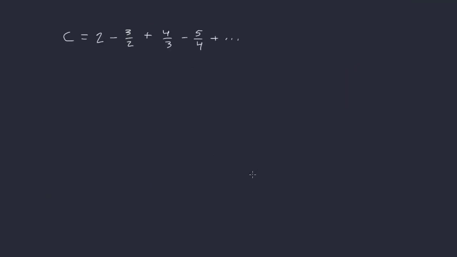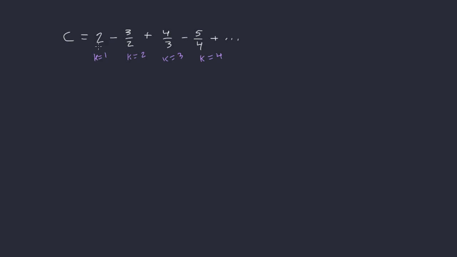Okay, let's look at another example. This one, unfortunately, the series is not given to us. So we need to find a way that we could construct it. So if I think of this being k equals 1, and this k equals 2, and then this k equals 3, and then this k equals 4.